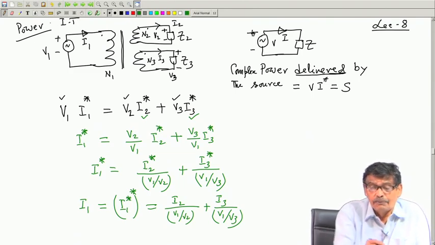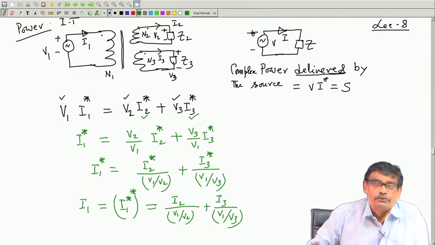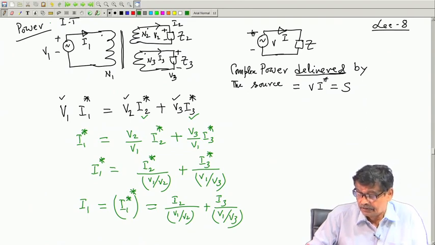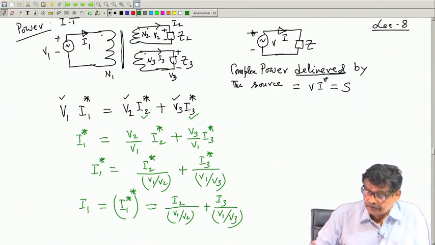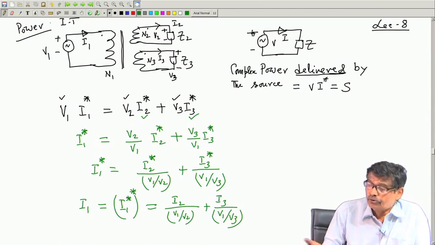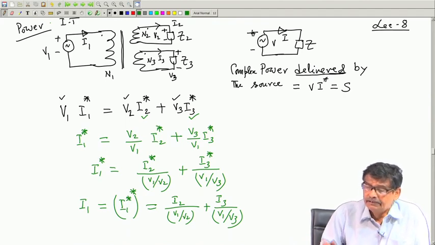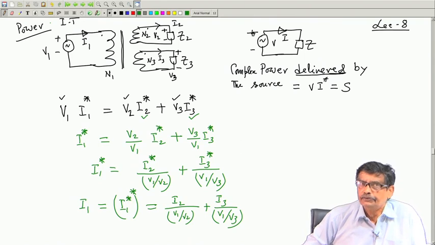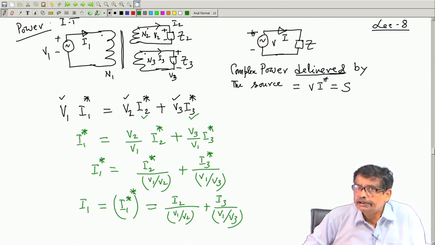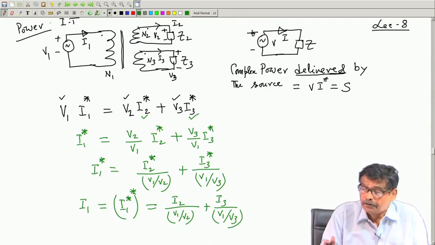So, ideal transformer otherwise is so simple to handle with, that is what I want to point out. And in one stroke you will get both real and reactive power supplied by this source and this one. So, it is a very useful method. If you know that transformers are ideal, one way of calculating the currents is to apply this power balance.